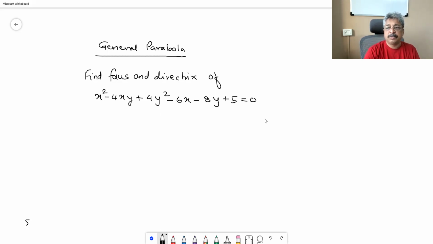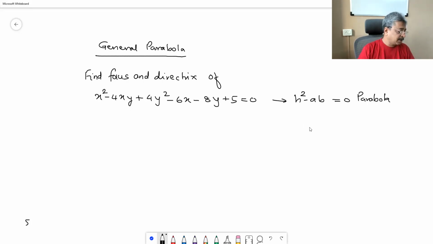Once we finish ellipse and hyperbola, h square minus ab is the parameter which will tell you everything about the general degree two equation, and if it is equal to 0, it is a parabola. So in this case, you will find that h square minus ab is 0 and hence it is a parabola.